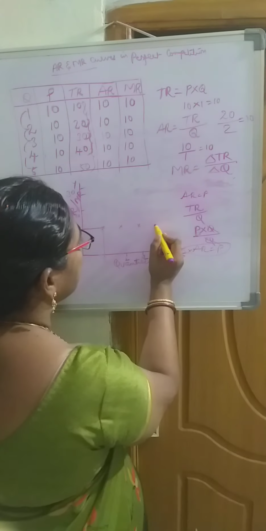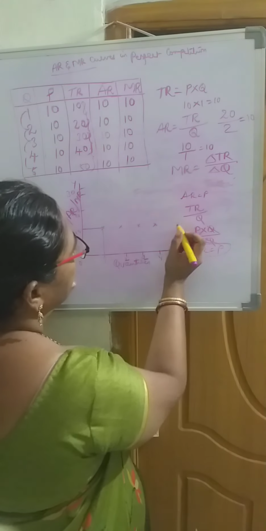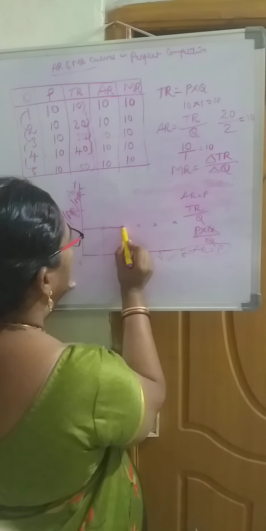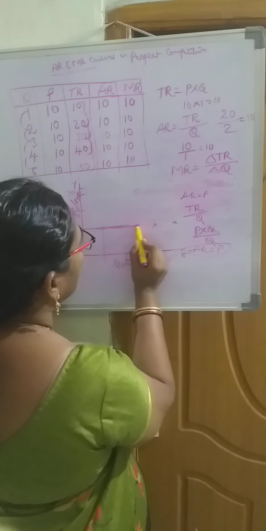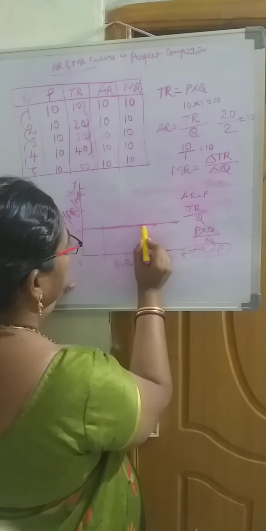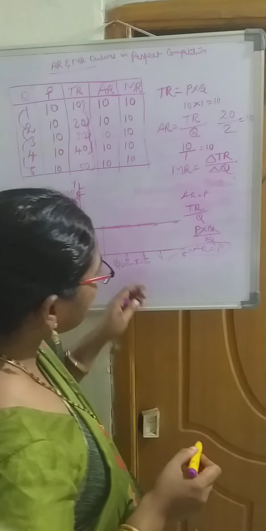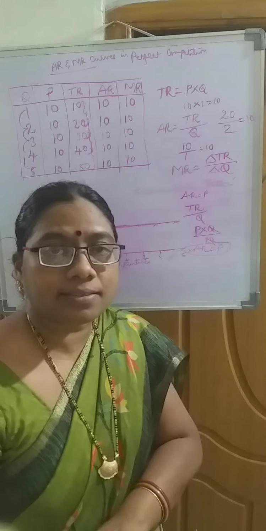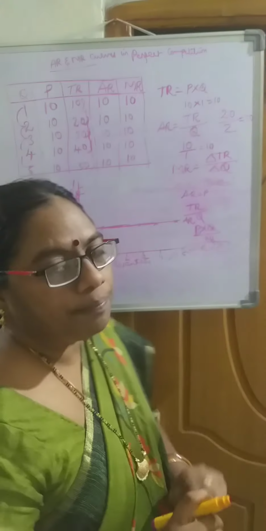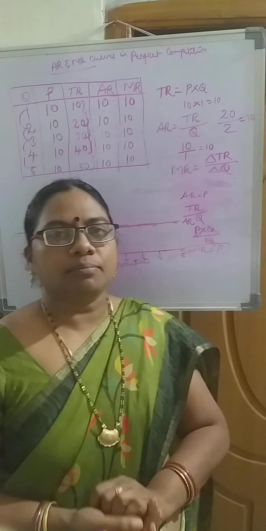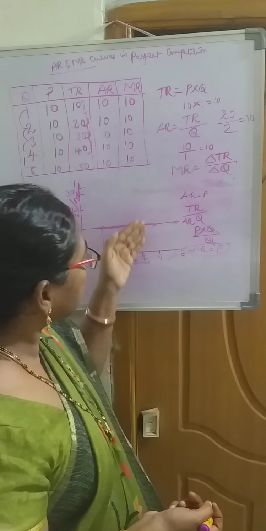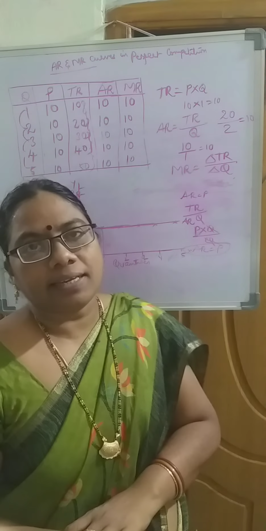The fourth quantity AR is 10. For the fifth quantity also AR is 10. Now if we join all of these, we get a line which is parallel to the x-axis. The AR curve in perfect competition is horizontal to the x-axis.